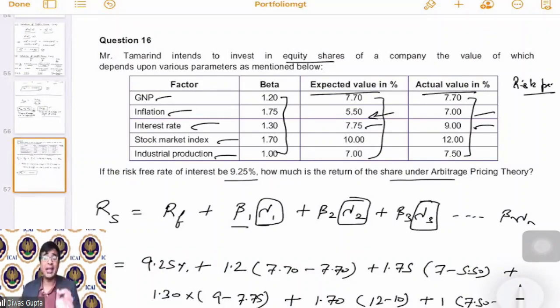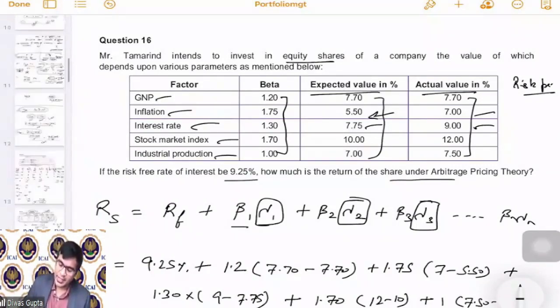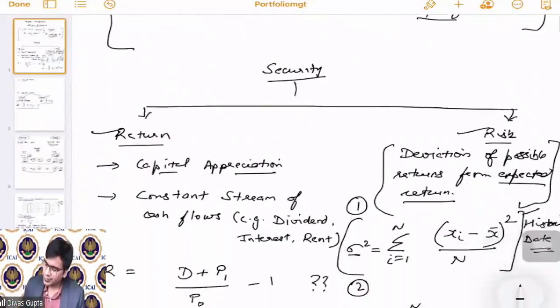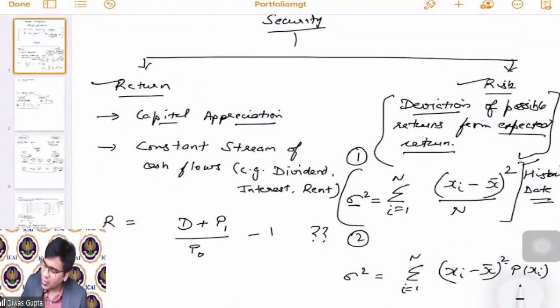Now Namita and other students, please listen to me very carefully. In the first session, what I told, what is risk? Risk is the deviation of actual return from the expected return. On the very first slide, deviation of possible returns.